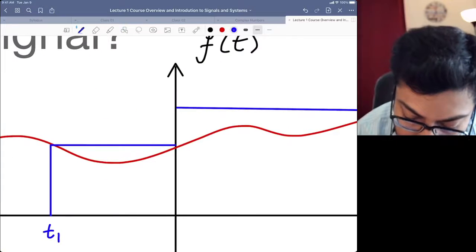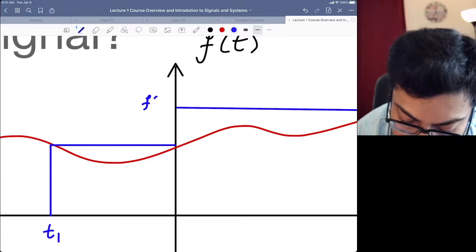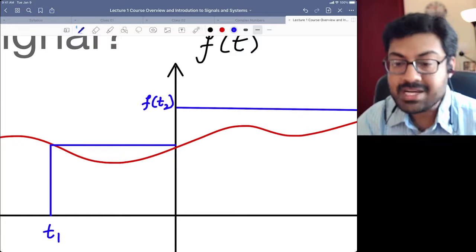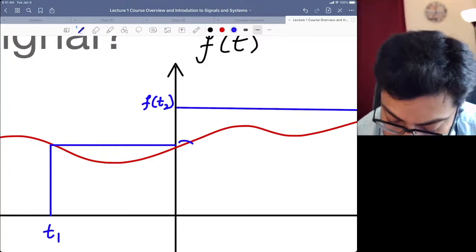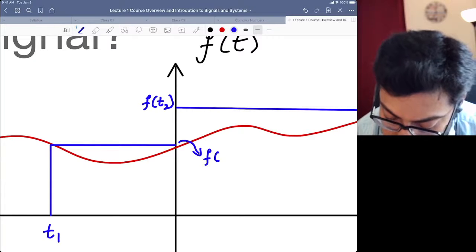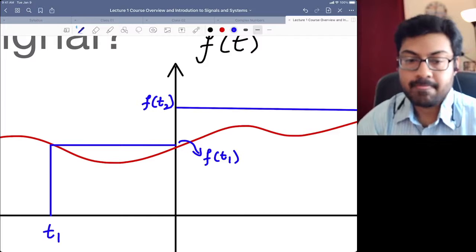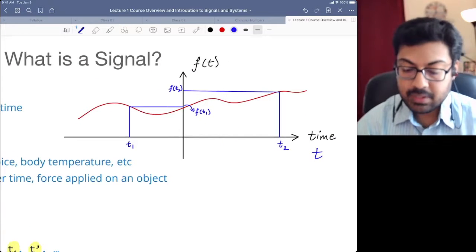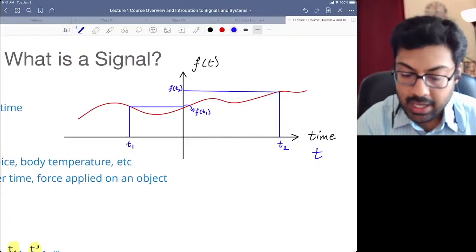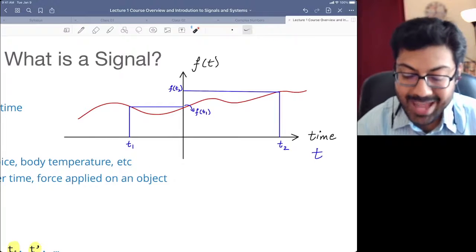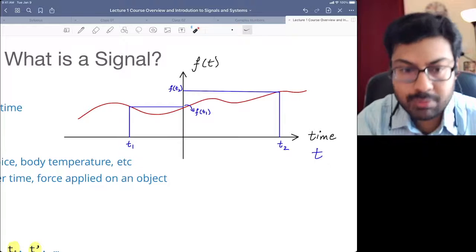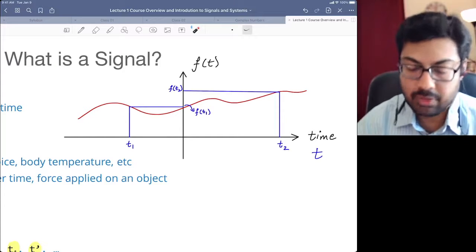Over here, I'm going to get f of t2. Function evaluated at t2. And over here, I'm going to get what? F of t1. These are continuous in time, and they're also continuous in amplitude. Right? So every time, you will be able to know what that value is going to be.